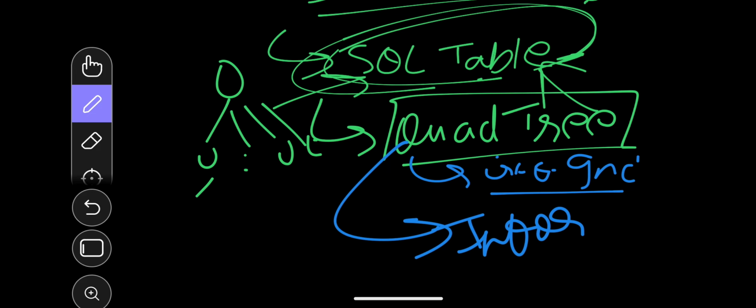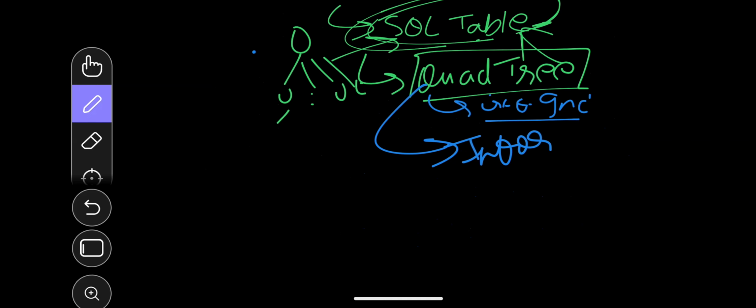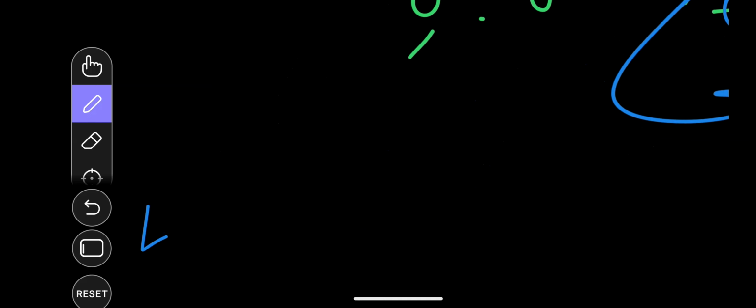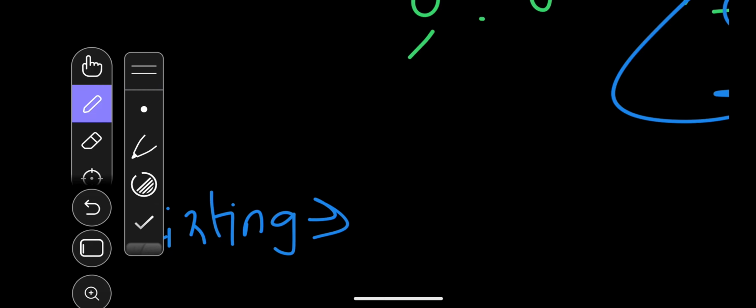So what can a listing actually have inside a Quadtree? We will have these nodes, and inside this will be the listing. So what will a listing look like? Let's say we have a listing. Inside the listing we can have several things.